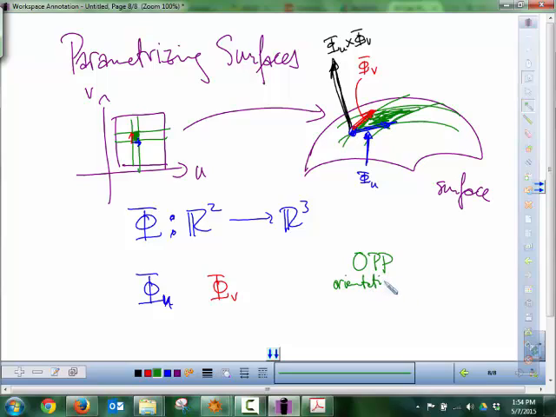Orientation preserving parameterization.